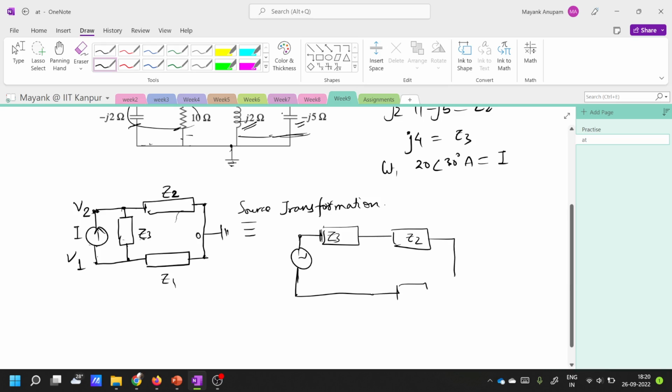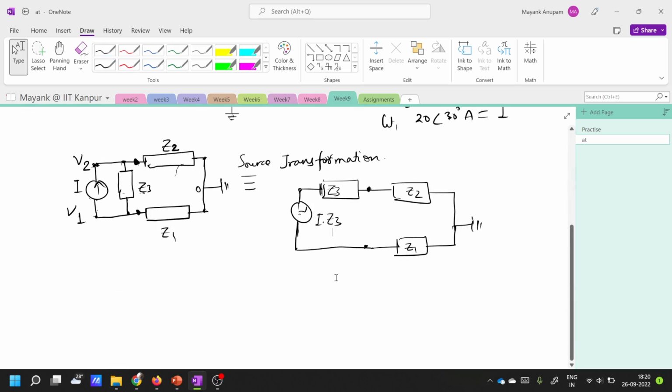You have this Z1 here. And you have this ground here. Fine. So this is the equivalent circuit. Basically we have applied source transformation between these two nodes. And what is this voltage source value? This is I times Z3.